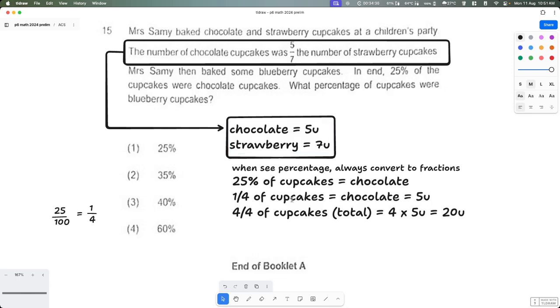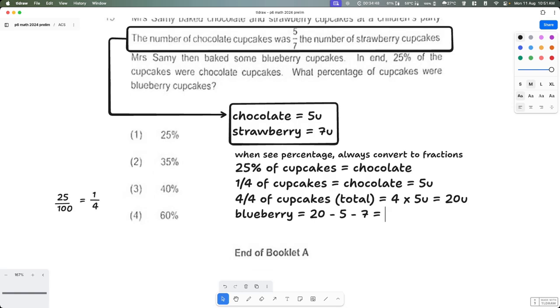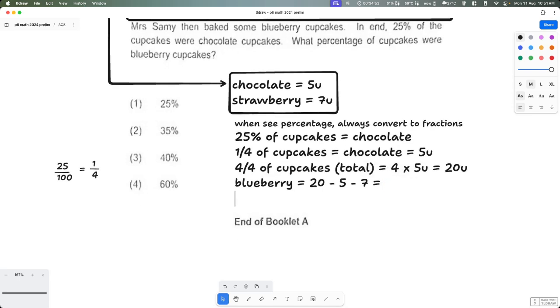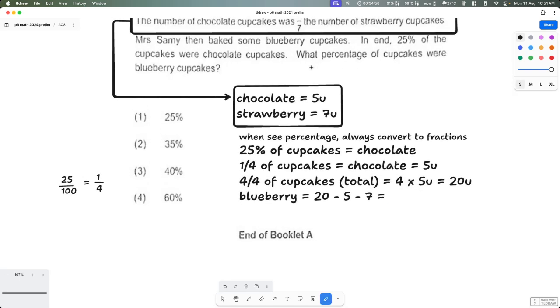We know strawberry is 7 units. So in this case, blueberry is equal to 20 minus 5 minus 7. This will give us 8 units. So now we know what's blueberry in terms of units. We want the percentage, so I'm going to highlight this. What percentage of cupcakes? Blueberry percentage is equal to 8 out of 20 times 100%.